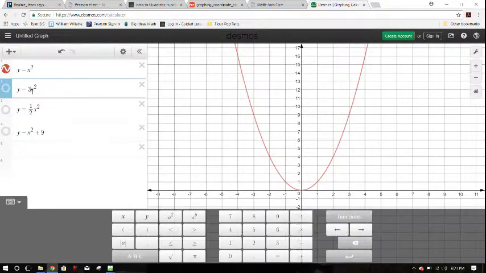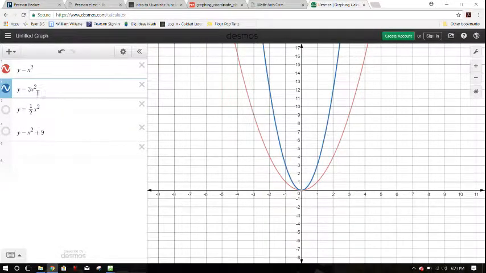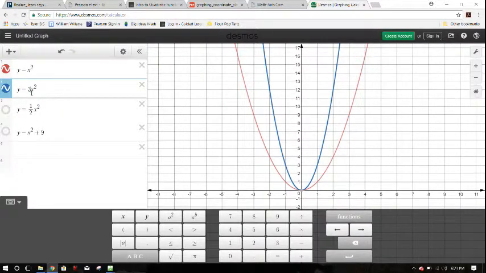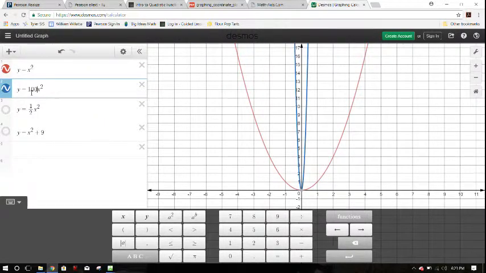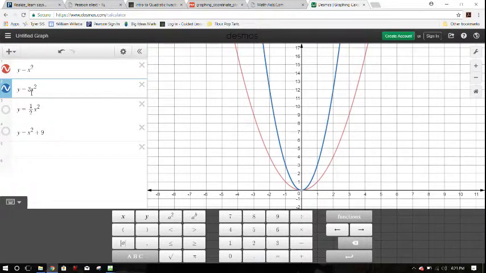Now here, if I were to say y equals 3x squared, it's getting skinnier. 4, 5, 6, 7, 8, 9, 100. Okay, it's getting skinnier.